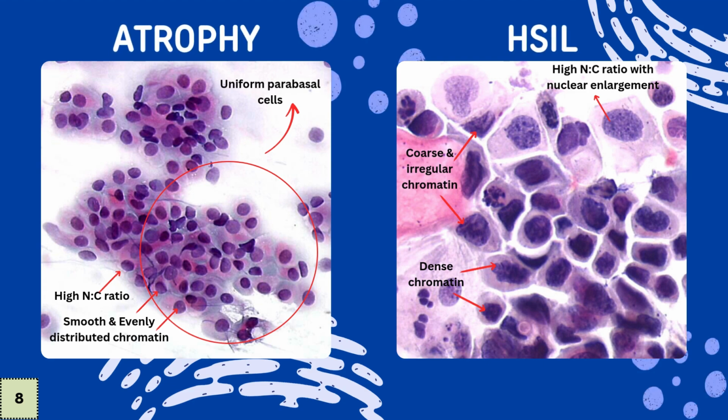This shows the microscopic differentiation between atrophy and HSIL. On the right side, the atrophy microscopy shows uniform parabasal cells, high NC ratio, and smooth and evenly distributed chromatin, while on the left side, the HSIL microscopy shows a high NC ratio with nuclear enlargement, and coarse, irregular, and dense chromatin.